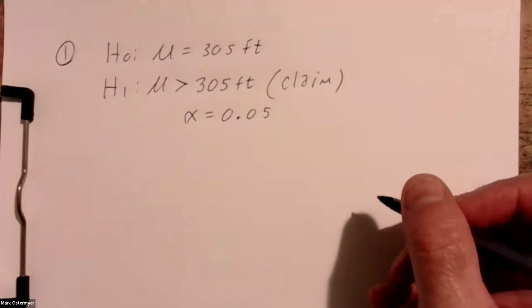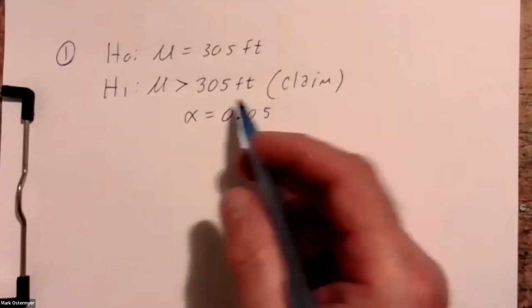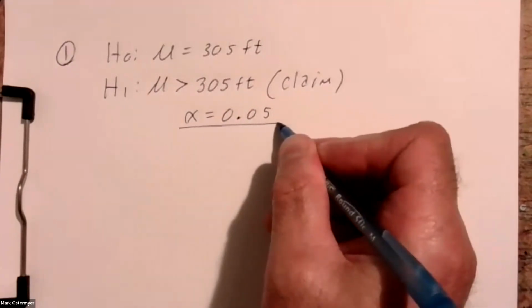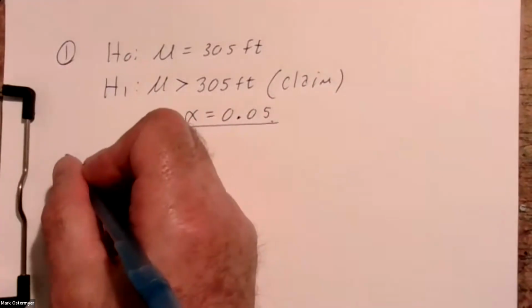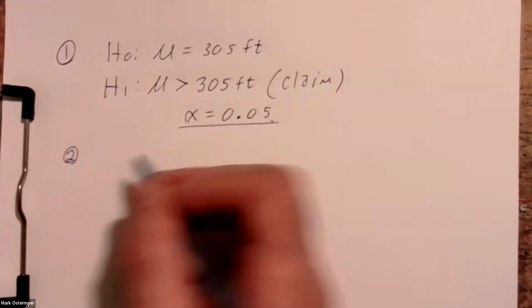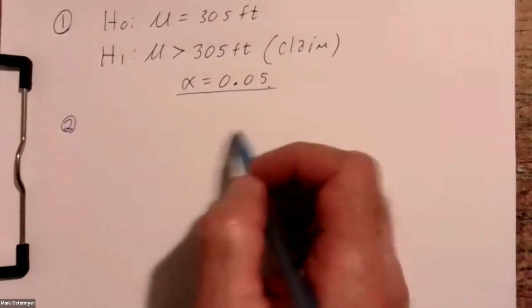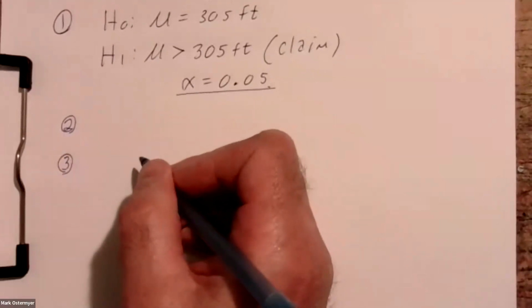Okay. All right, so ladies and gentlemen, here's what I want you to do. I've done step number 1 and a part of step number 2 in assigning alpha to 0.05. I want you to finish step 2, defining your rejection and acceptance regions, finding the critical values and all that. Step 3, computing the test statistic.